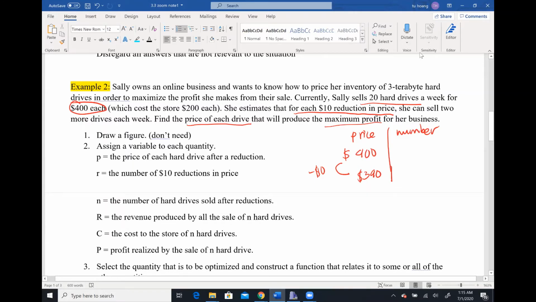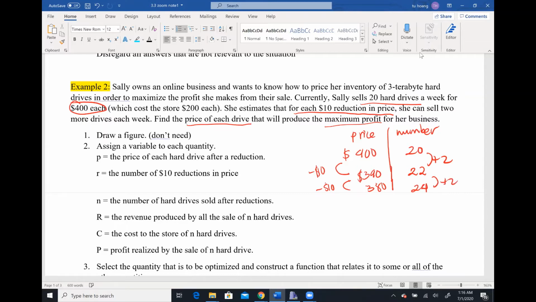For the number, you're going to sell 20 hard drives with the 400. If she subtracts $10 to have $390 for each, then she's going to add 2 more drives each week. So that means it's going to be 22, right? So add 2 for this. It keeps going like that. Minus 10, you're going to have 380, and then 24, right?